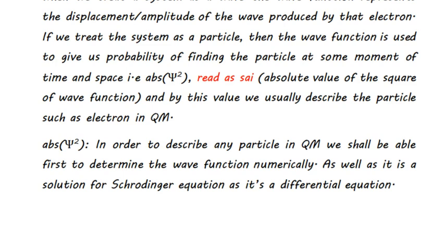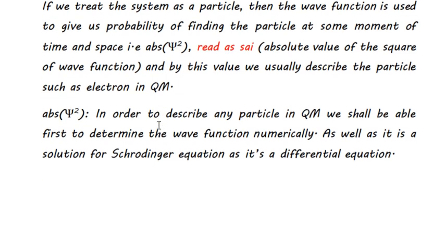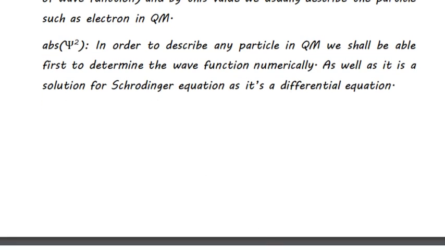So it's the absolute value of the square of the wave function. And by this value, we usually describe a particle, such as an electron, in quantum mechanics.